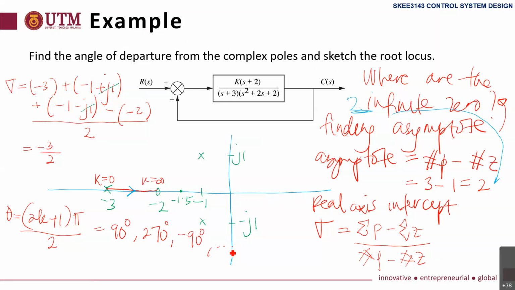You will see you actually go around and get to the same point. Usually the number of asymptotes is 2, so we only need 2. Minus 90 degrees is equal to 270 degrees.